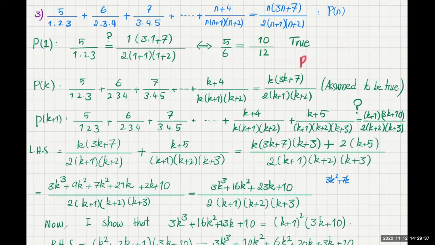If you tell me P1 is true, based on this step, I can say P2 is true, but there is no guarantee that P1 is true. If you say P10 is true, using this argument, I can say, yes, okay. If you say that P10 is true, I can show that P11 is also true.